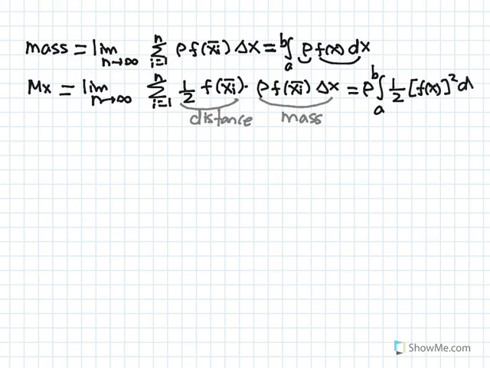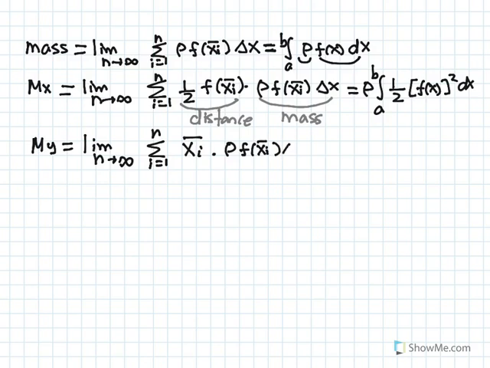all squared dx. Now let's find the moment with respect to the y-axis. This is the limit as n goes to infinity, i goes from 1 to n, of xi bar, the distance to the y-axis, times rho f of xi bar delta x, and this is the mass of this rectangle.